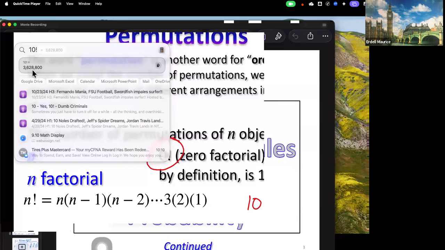I think you have to do the stats section for these calculators right here. Where is the stats section on there? Oh, see right here, it says probability, PRV. Right there, PRV is probability.